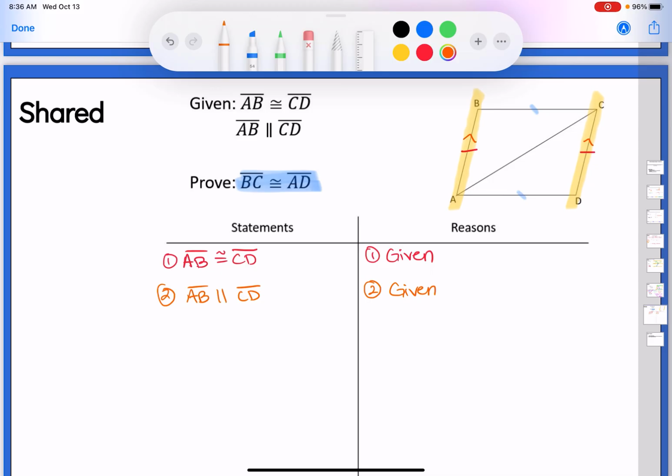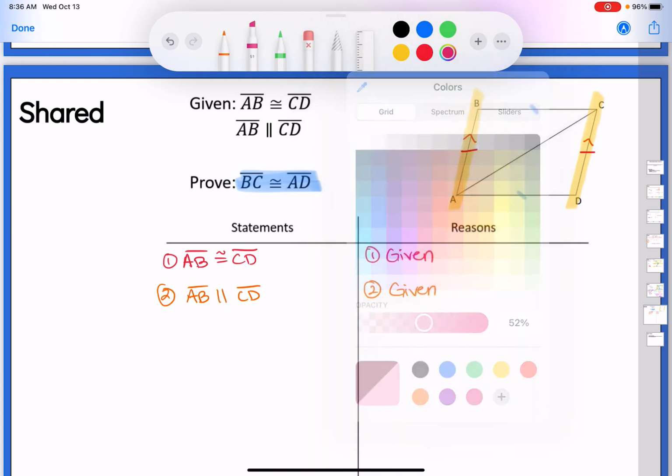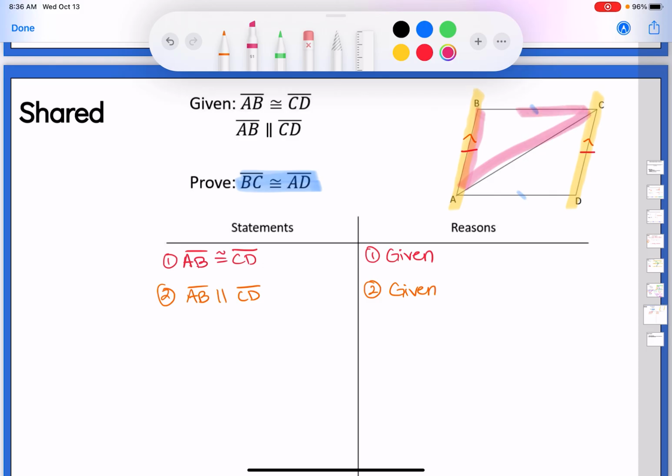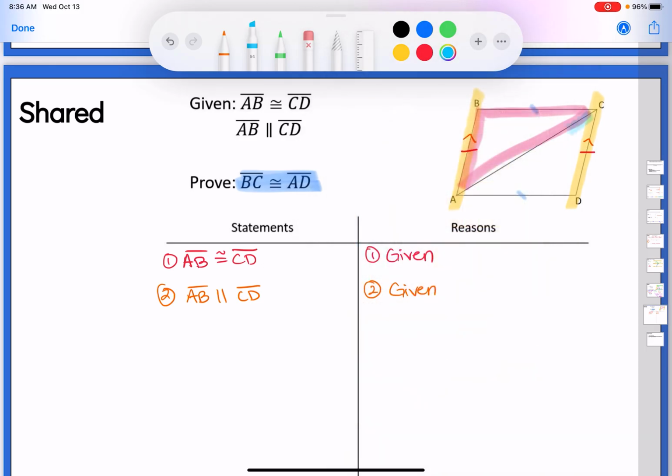So if I want to prove these two segments are congruent, I'm probably going to have to prove my triangles congruent, right? Let's see. So if I'm looking at my two triangles that I want to prove congruent, this one and this one. All right, I already have one pair of sides.